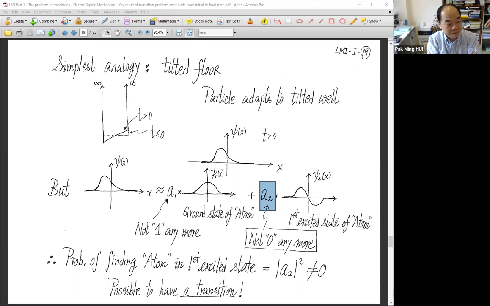Okay? So that will be our goal. Rather difficult thing to do, but at least you know what to do, right? Given the ground state, now I want the excited state probability. So I need the amplitude A2T and square it. That is all we want to do, okay?